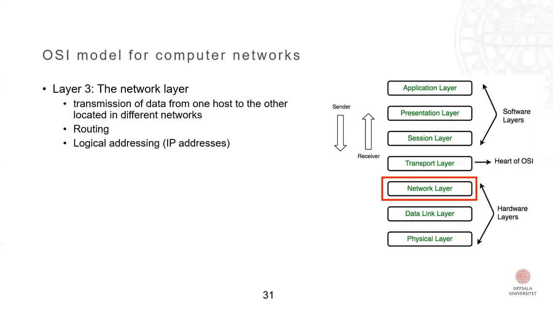It's a different network basically. So here the notion of routing comes into the picture, finding the best route, and what if the packet doesn't arrive at the destination, what if it gets lost, for example, and how to address that. This is where IP addresses are used. At level 2, MAC addresses were used. At level 3, IP addresses are used, which are logical addresses, as I said before. They can be changed each time you connect to the internet.